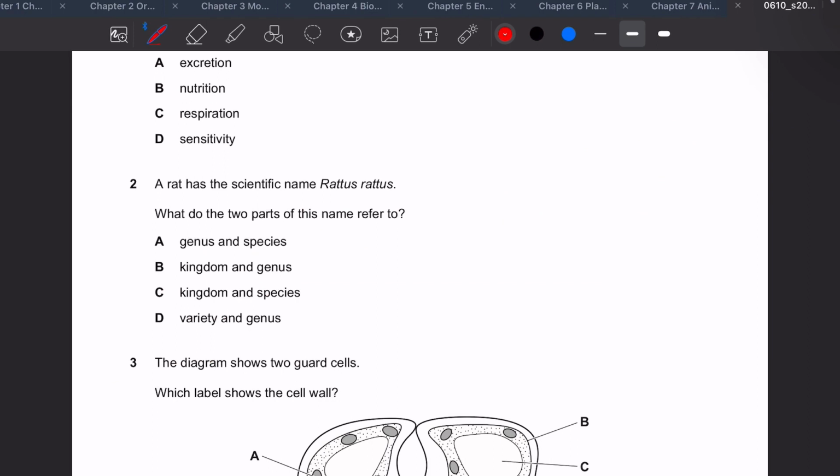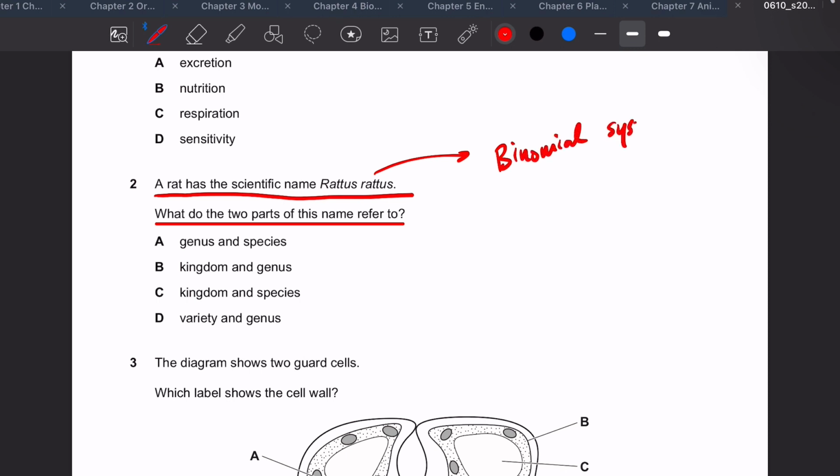Number 2. A rat has the scientific name Rattus rattus. What do the two parts of this name refer to? This is simple. Naming organisms is always based on a system called the binomial system.